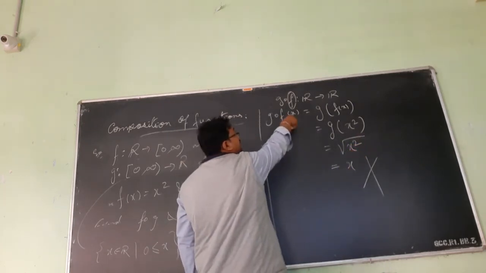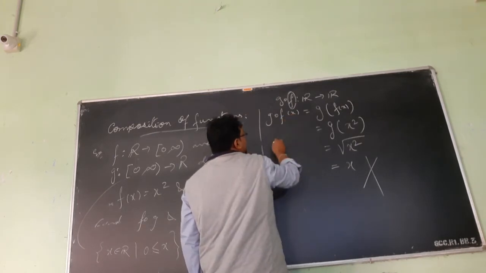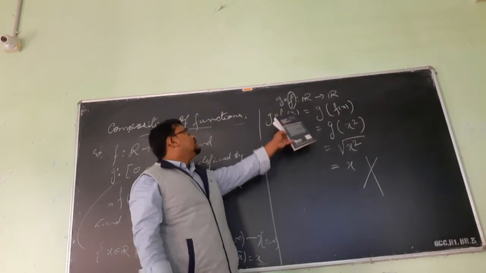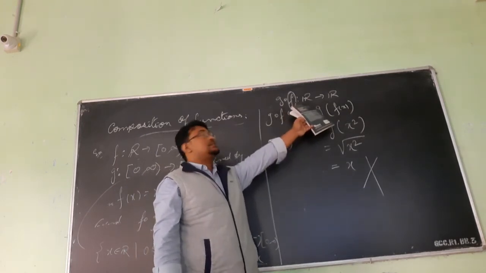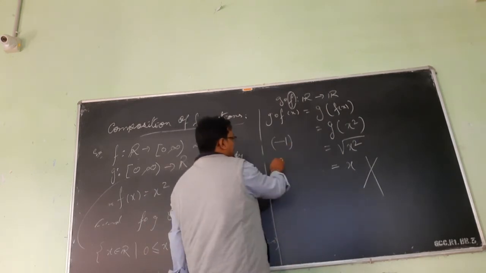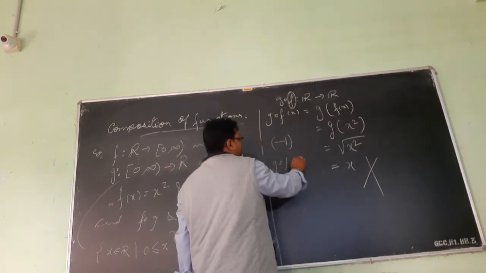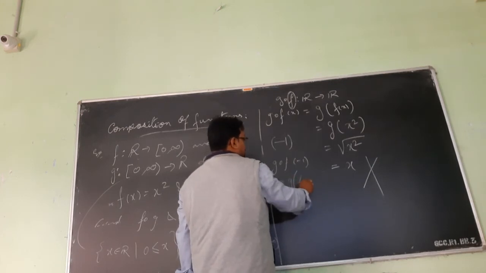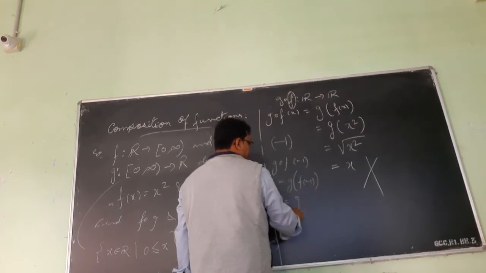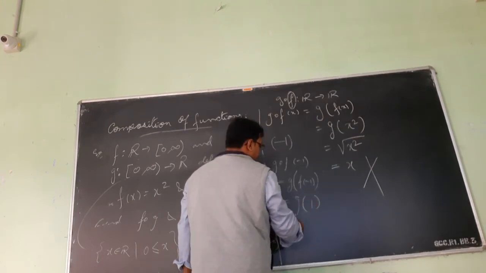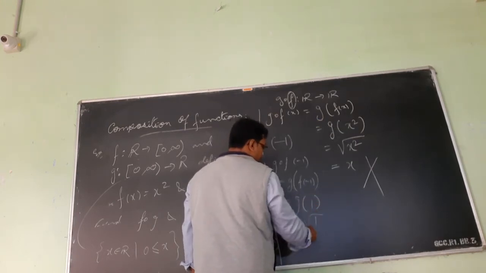It may happen that the x that I chose here was something like -1. Because the domain here is R, I could have chosen -1. So in that case, what is GOF of -1? It will be G of f of -1. F of -1 is 1.